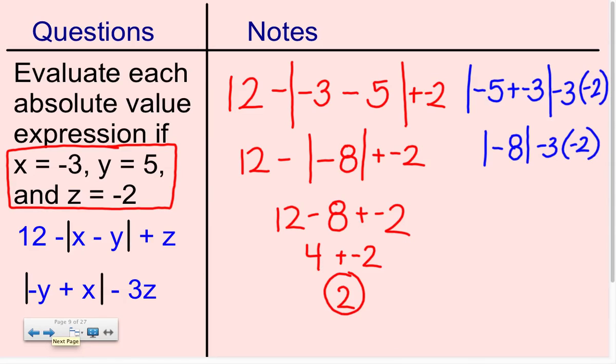Absolute value of -8 is 8. Now I've got multiplication and subtraction left. So I'm going to multiply first, but remember we have to think of this as a -3 times a -2, which would be +6. So 8 plus 6 is 14.